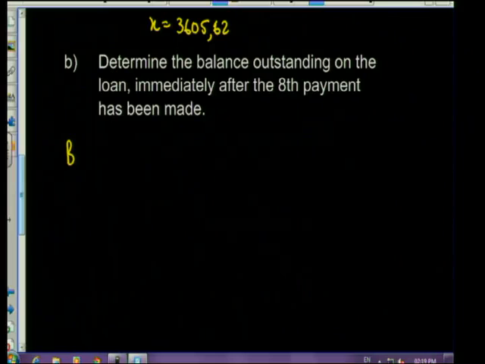So I'll just remind you, what we're always doing is we take the loan, grow it with interest, minus all of your payments with interest. The difference at any point in time is the balance outstanding. Let me try and show you here. The balance outstanding at any particular point in time: I always take the loan and grow it with interest.